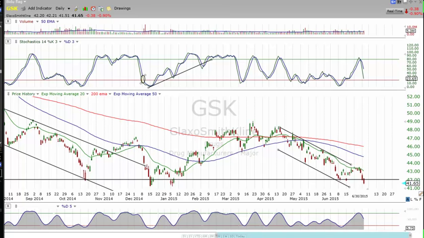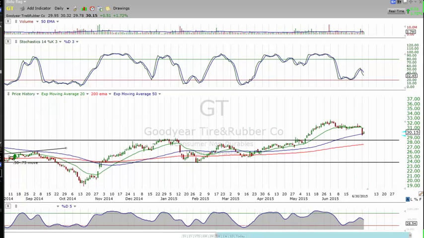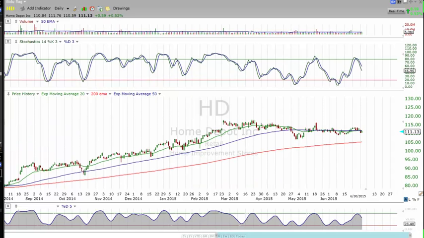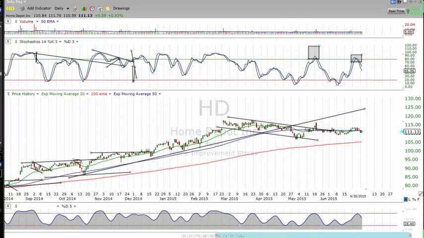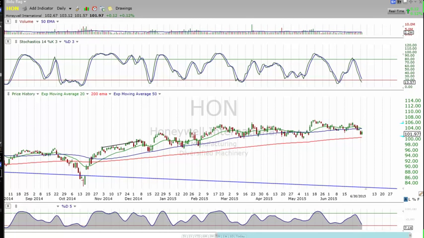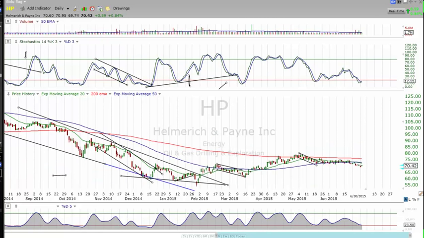GlaxoSmithKline, very interesting. It's pulling back hard, coming back into a pattern. Goodyear Tires has pulled back. Hack has pulled back. Home Depot chopping around. Again, Home Depot actually looking okay. Talking about hurricanes and hurricane season, that will be a trade. We will be on that trade this year. Generac.